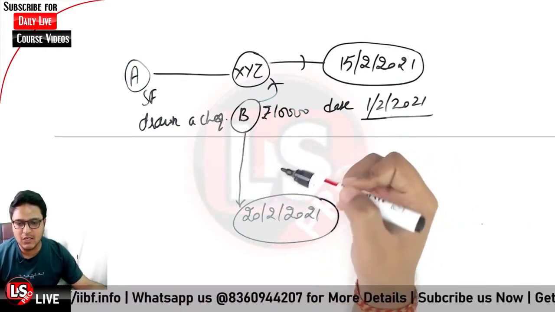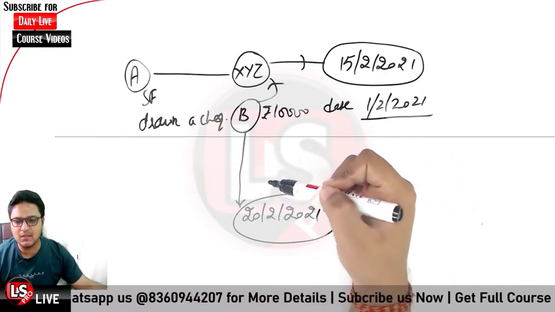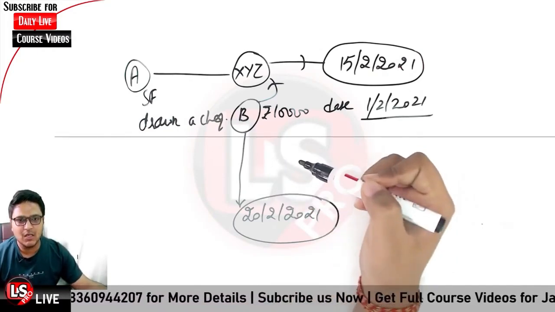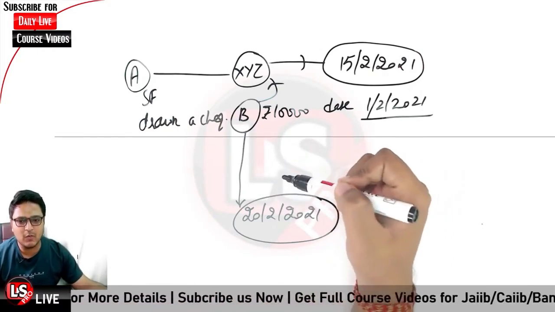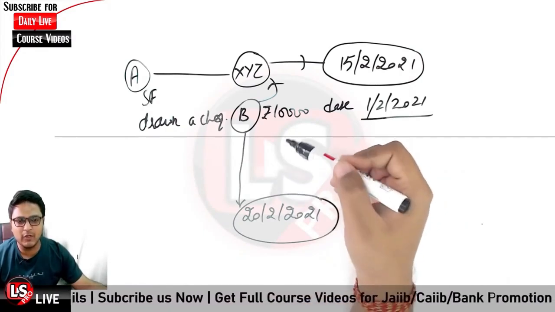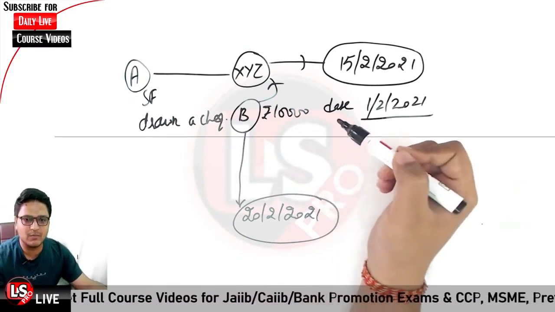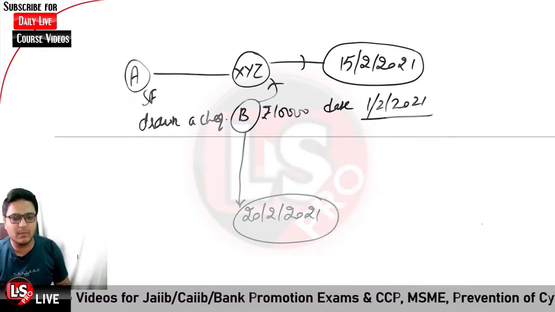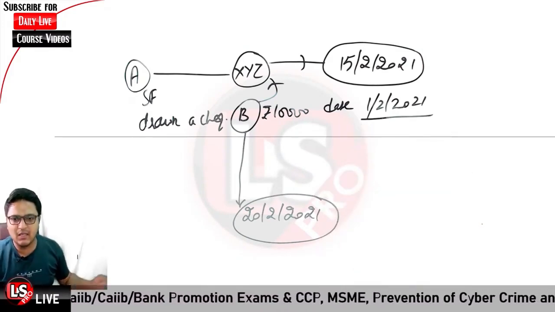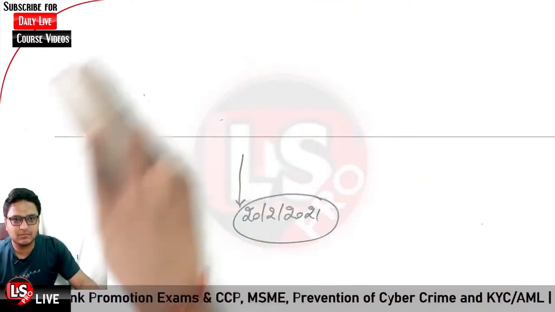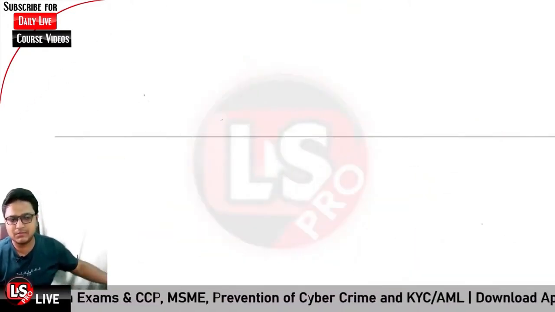So the amount will not be paid on presentation of the check by person B if it is in the notice of the bank that person A died. Okay.